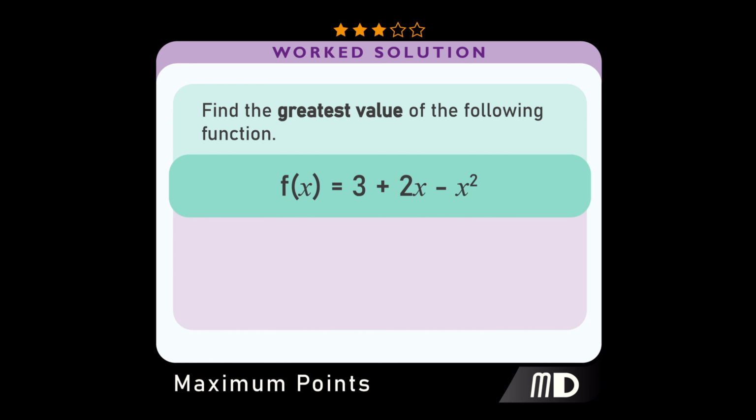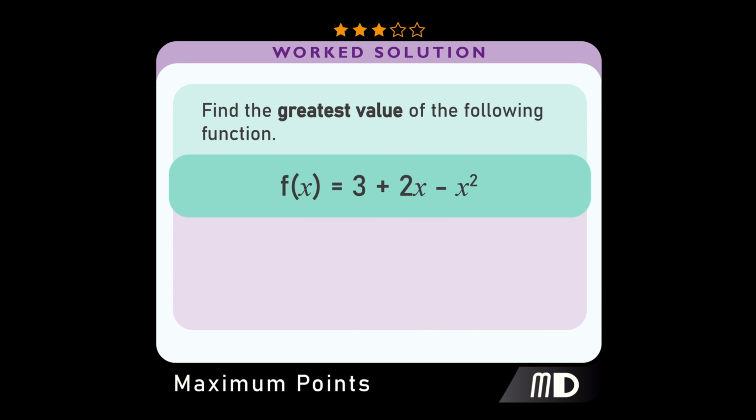To find the derivative of a function, we need to differentiate it using the power rule, one term at a time. The power rule tells us that if f of x is equal to x to the power of n, where n is any real number, its derivative f prime x is equal to n multiplied by x to the power of n minus 1.